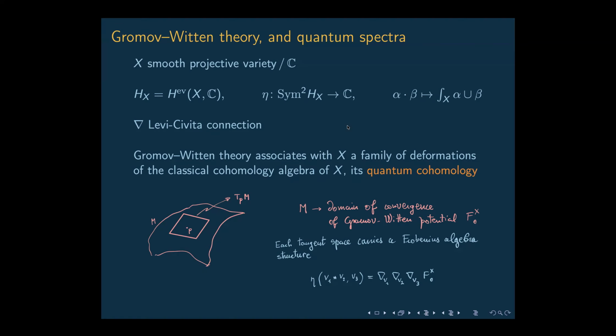Let me recall that a Frobenius algebra structure is a commutative, associative, unital algebra whose product is compatible with a non-degenerate bilinear symmetric form, which in this case can be exactly identified with the Poincare metric. Indeed, such a domain M should be thought of as an open domain inside the H of X I introduced before.